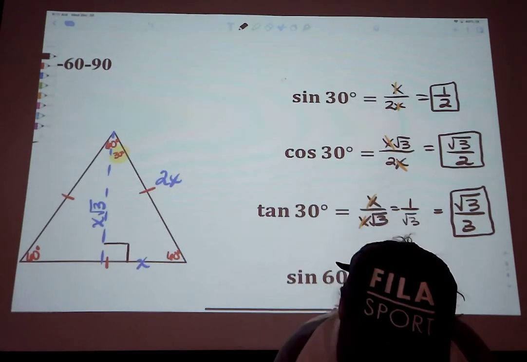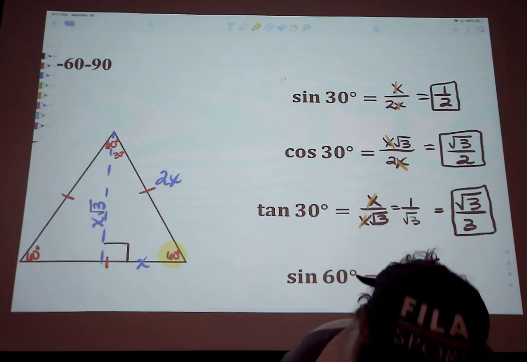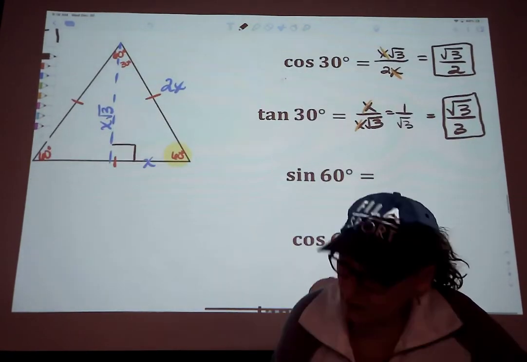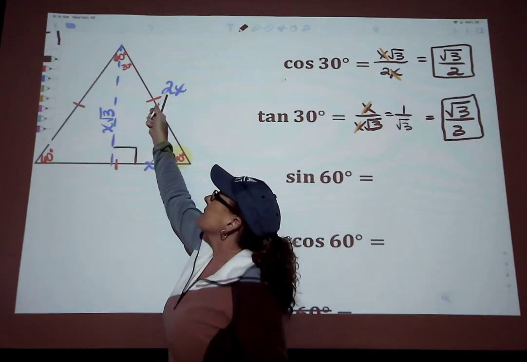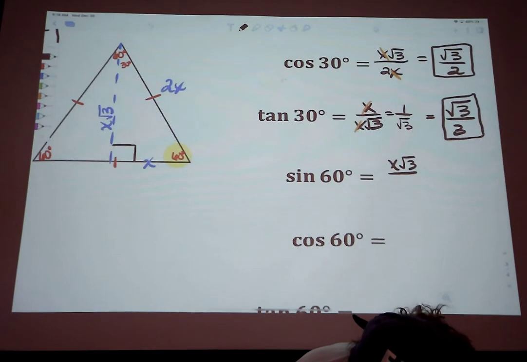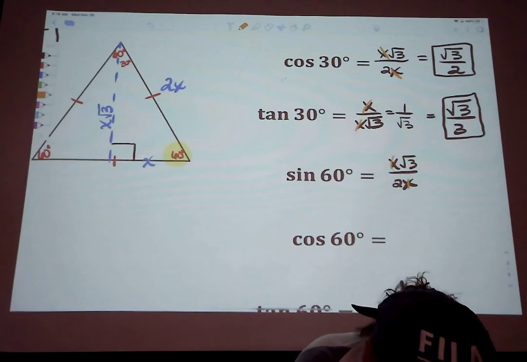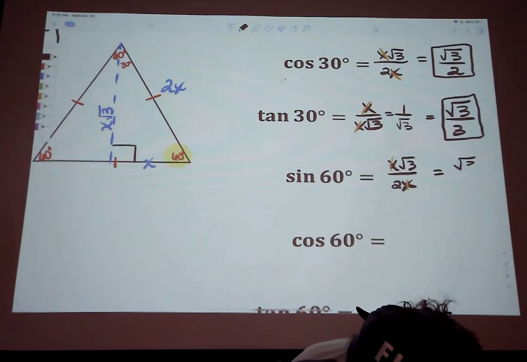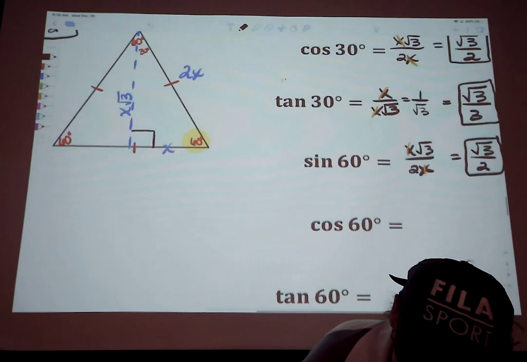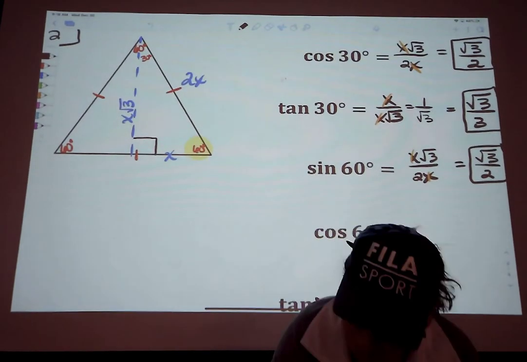All right, now let's focus on our 60-degree angle. So now let's switch to this one. Here we go. Sine fraction, opposite over hypotenuse. I've seen that before. Cosine, adjacent over hypotenuse.